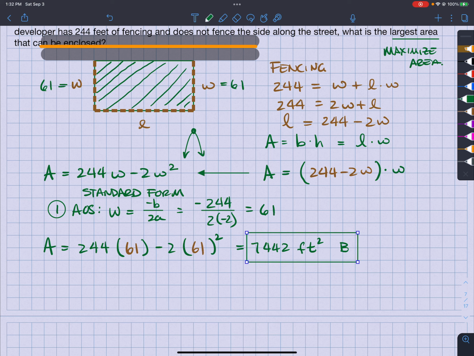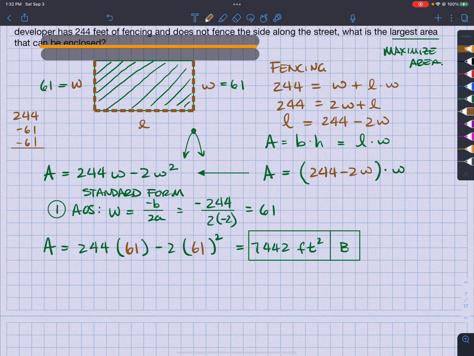Now, if you're wondering why I marked it up here as 61, it's because I have 244 feet of fencing, and I know my 2 widths are going to be 61 each. So I can subtract those from 244, and I get 122 left.